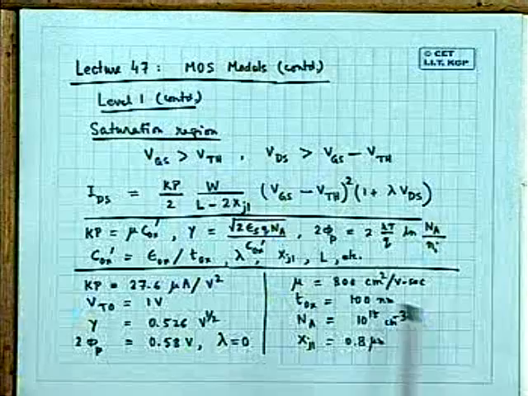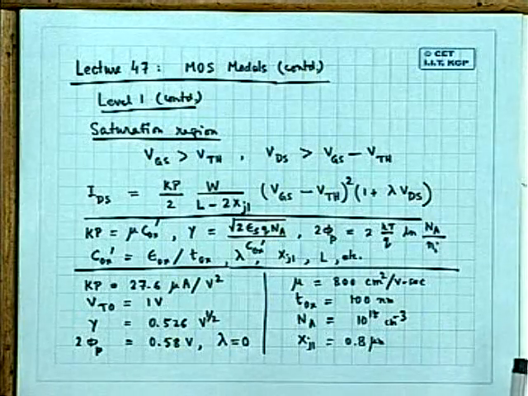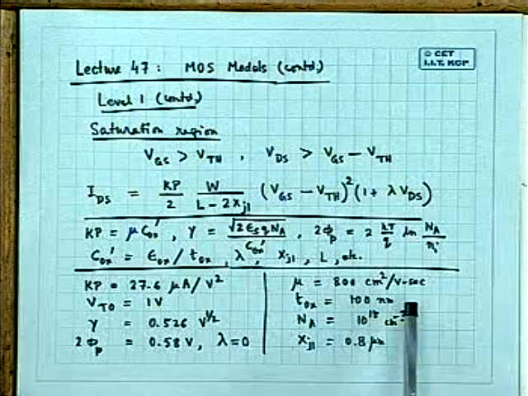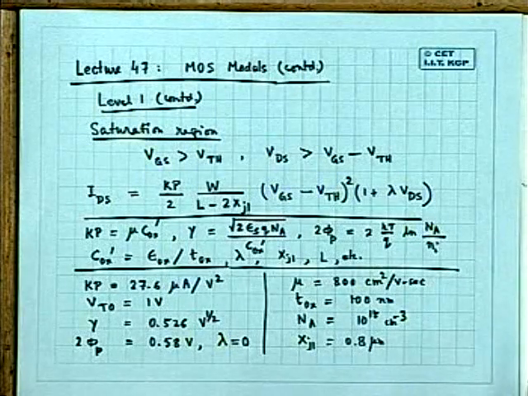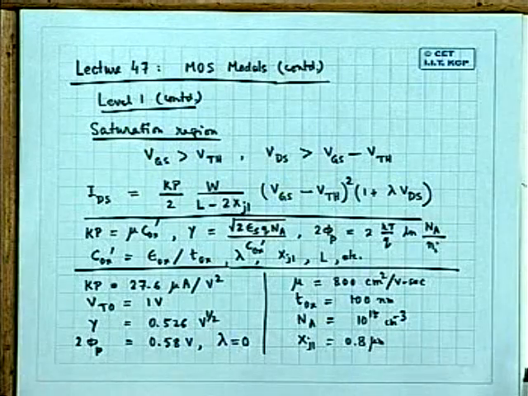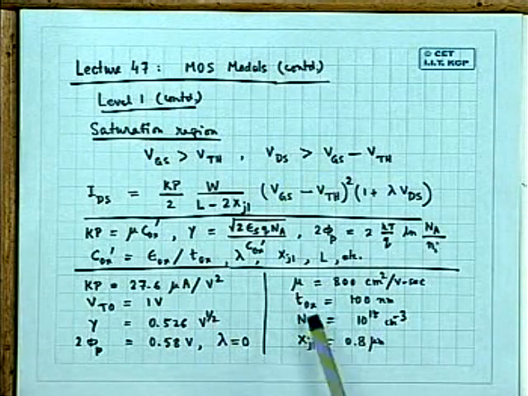What is the value of TOX? 100 nanometer, that is 1000 angstrom. It is the oldest; 1000 angstrom to 1200 angstrom was typically the gate oxide thickness in the very old days. Another thing you note is mu.